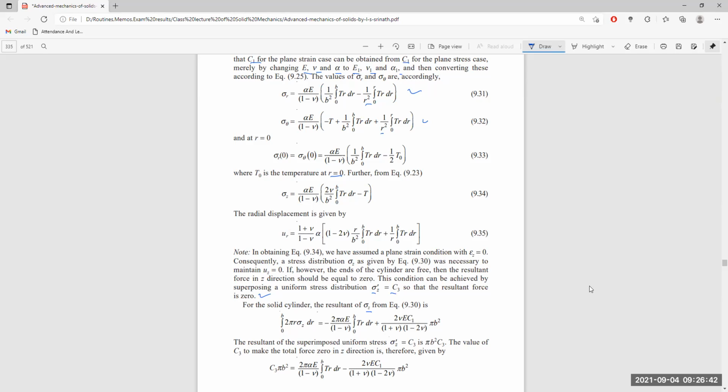The resultant of the superimposed uniform stress sigma z dash equal to C3 is pi b square, the area of the disk, the total outer area itself, multiplied by C3. The value of C3 makes the total force in the z direction equal to 0. We put the value of C3 here, and this equation on the right side will take this particular form, like this here and here and here.